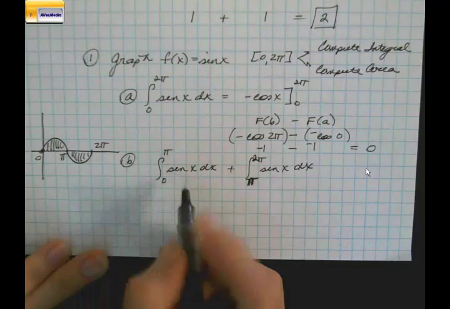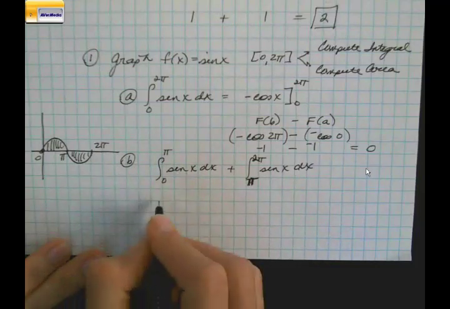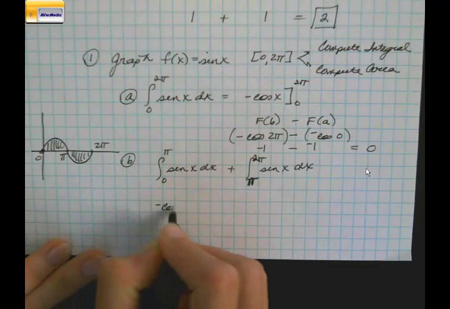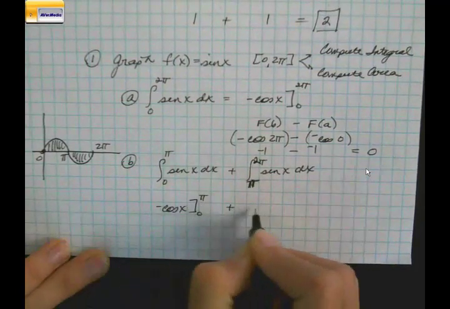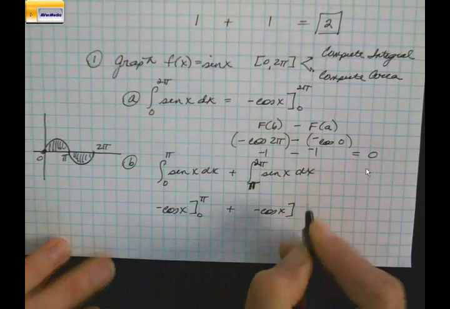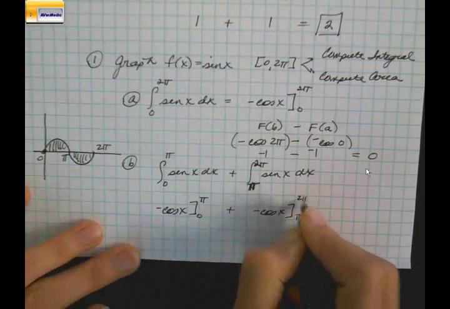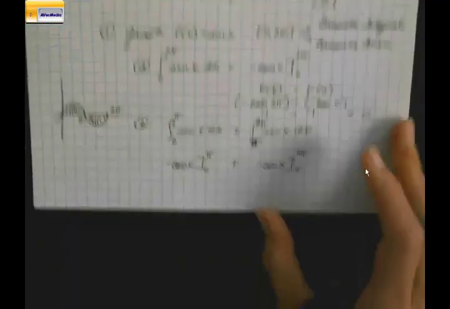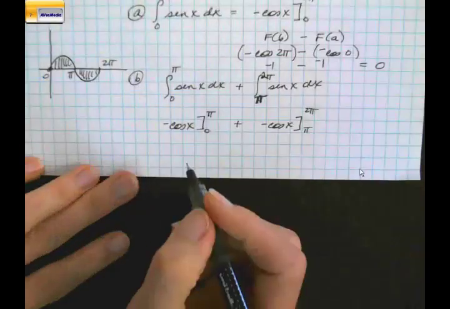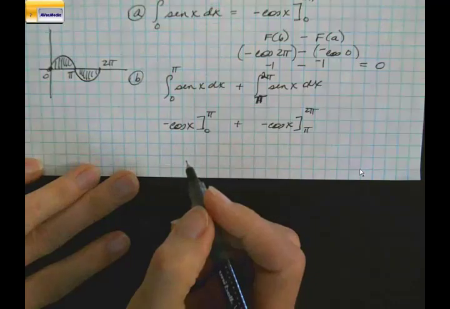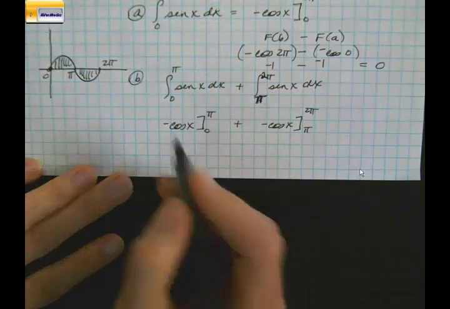So the integral of sine x, we already said, was a negative cosine x evaluated from 0 to pi. And here it's a negative cosine x evaluated from pi to 2 pi. Yeah, there's more than one way of doing it.